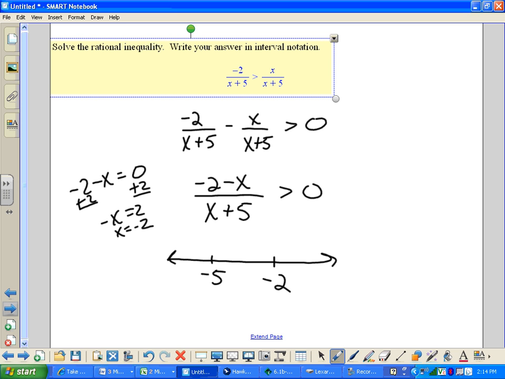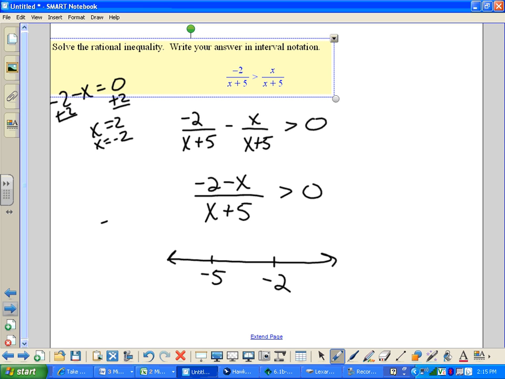Okay, so now let's go through and test some points here. If we wanted to test this interval, we could choose probably negative 6 there. So let me plug in negative 6.